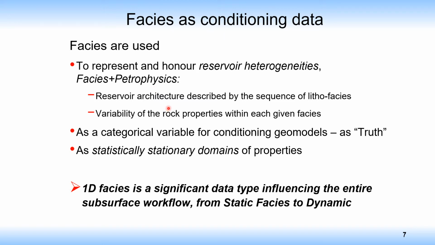So facies are used as a hard data, as a truth data, if we want to call it that, and within them we have these domains of properties to model. And so 1D facies are a significant data type in the subsurface workflow.